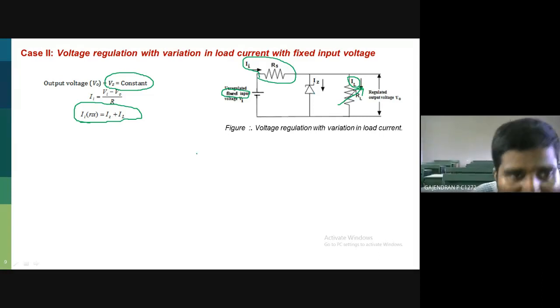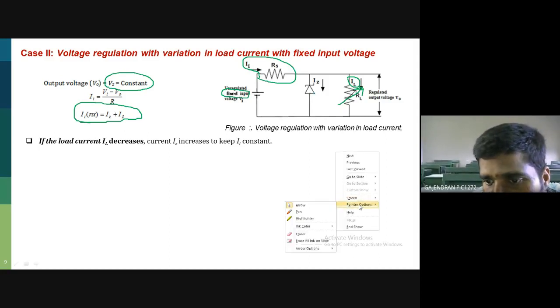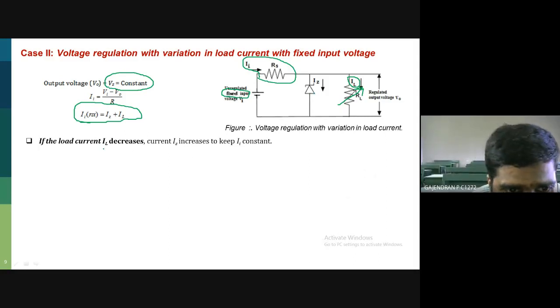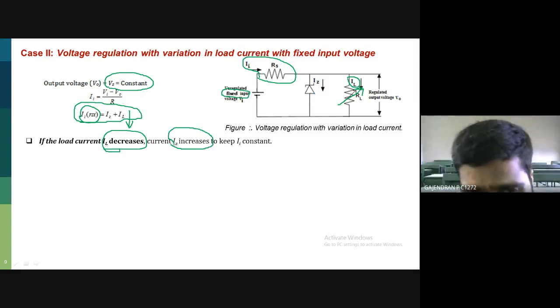Okay, now let me see how we are going to arrive at this. The first one, we are going to decrease the load current. If I decrease the load current, to maintain the constant of this one, what do I need to do with the Zener current? It needs to increase.